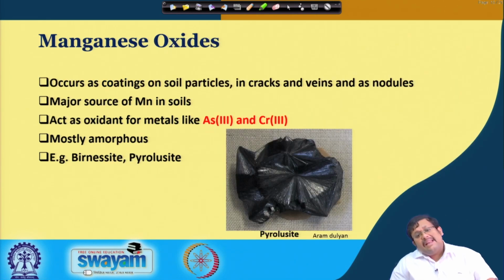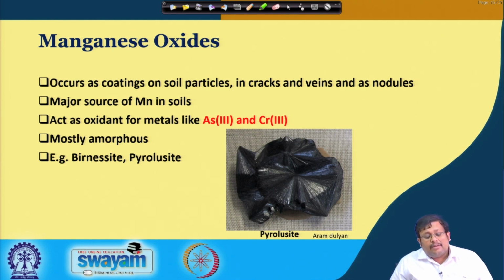So, another important oxide is manganese oxides. Manganese oxides occur as coatings on soil particles, in cracks and veins, as well as nodules. Manganese, as you know, is one of the major plant micronutrients, and these manganese oxides are one of the major sources of manganese in the soil.